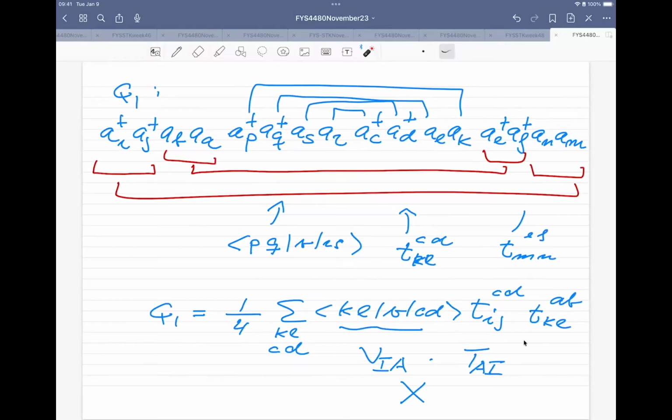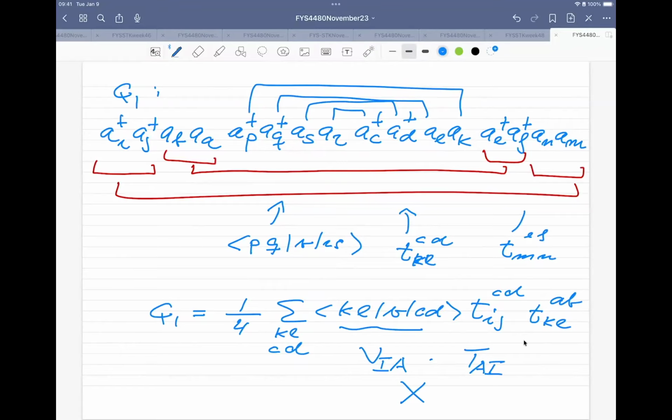Now, I'm not going to harass you with all the derivations of the possible terms here. You can find this in a textbook by Shavitt and Bartlett. What we are going to do now is to look at the diagrammatic representation, because we're going to use that when we are setting up the T1 and T2, or coupled cluster singles and doubles.